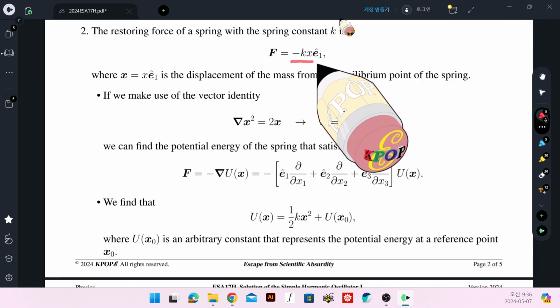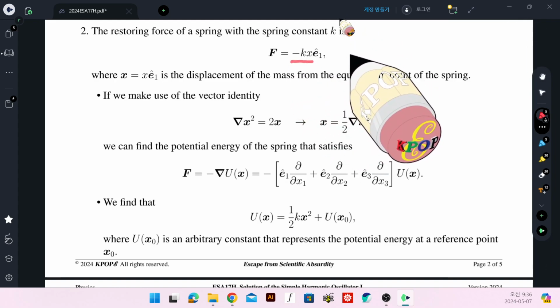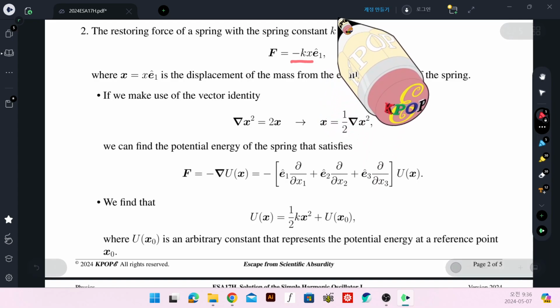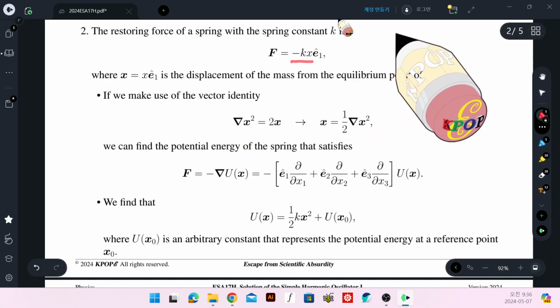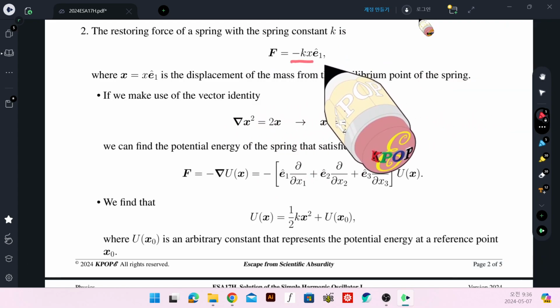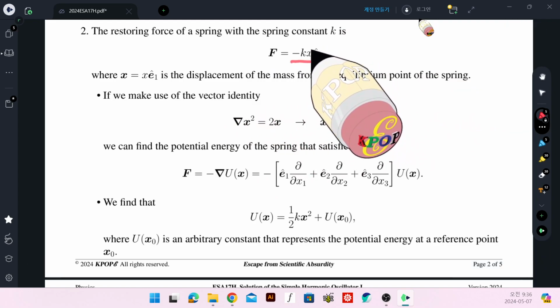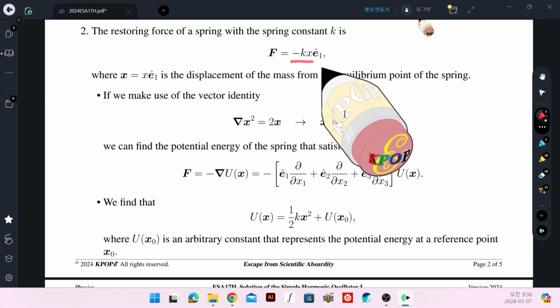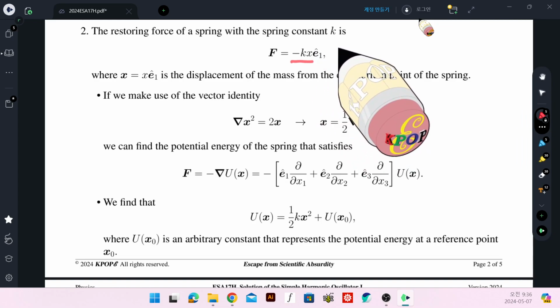The restoring force minus kx can apply to the three-dimensional case too. But in a simple case, we can choose the direction of motion along a single straight line, then the force is always either parallel or anti-parallel to the Cartesian x-axis.